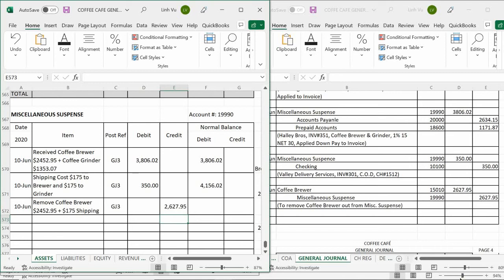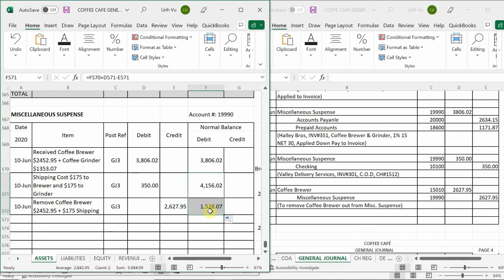Okay. So if I have a total of $4,156.02 and I'm subtracting out $2,627.95, how much should I have left? I should have 1,528.07 left, right?